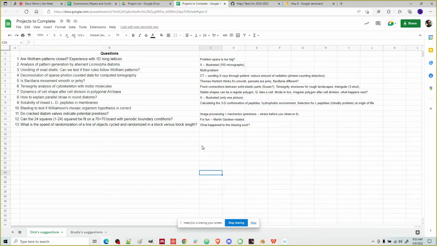I can't find any answers to it. If you have a line of objects and number them 1 to n, and you take a small block of them from 1 to d, randomize them and put them at the end, how long does it take before the whole thing is randomized?